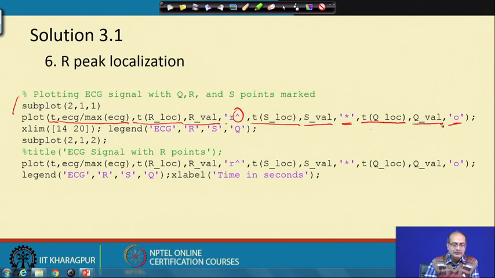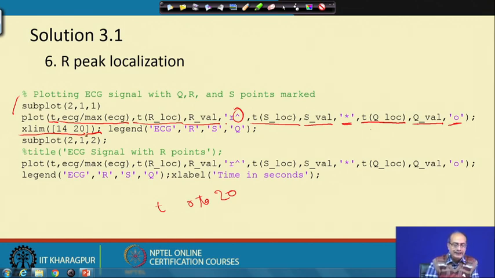And that whole plot is limited between 14 to 20 seconds. Okay. The time t starts from 0 to 20. Out of that we are taking only 6 seconds, so that we can get a clear picture of that.